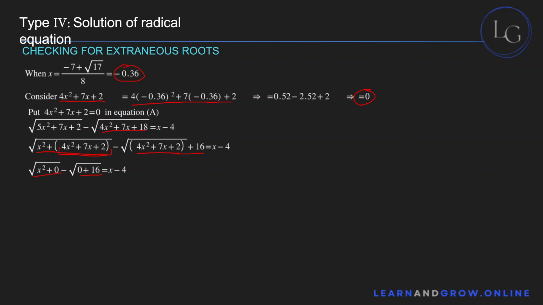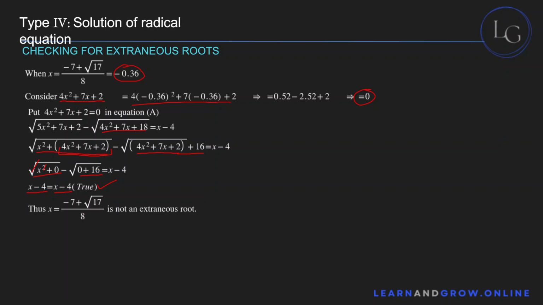So now this becomes x squared, and these two will cancel out, and this is just under root 16, and so you get x minus 4 is equal to x minus 4. So this is indeed true.